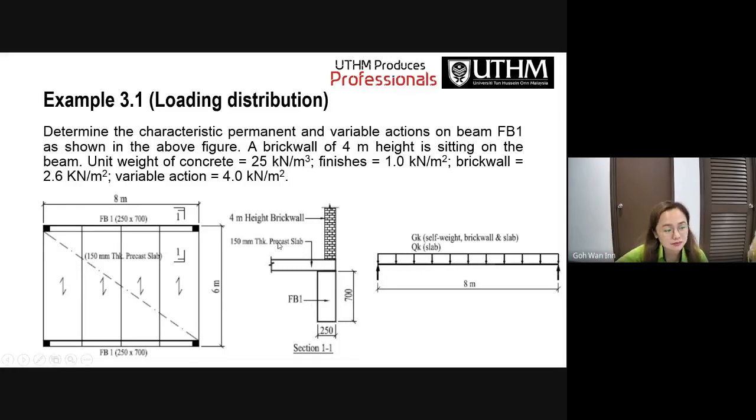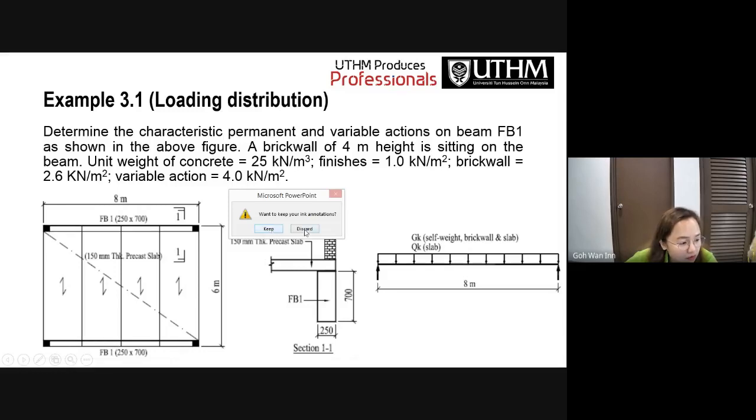Precast means it is already cast in the factory and delivered to the site for assembly. It is considered as the IBS system. Then you need to get the Gk and Qk: the self-weight, brick wall, and slab for the dead load, the permanent load, and the Qk is from the slab for the variable actions.